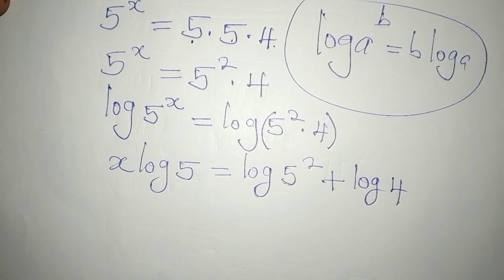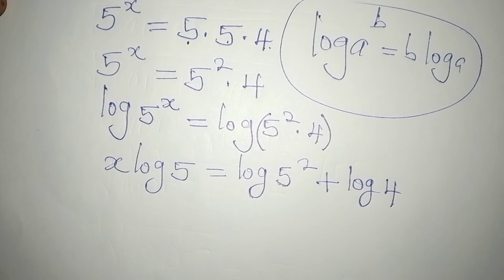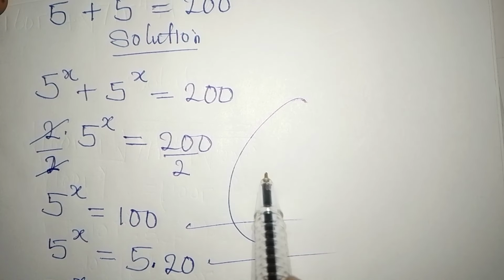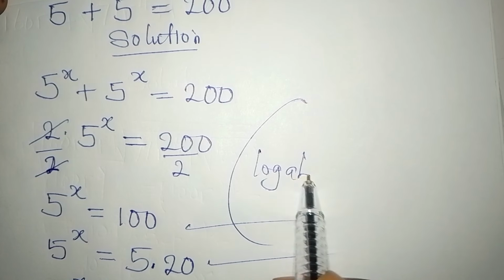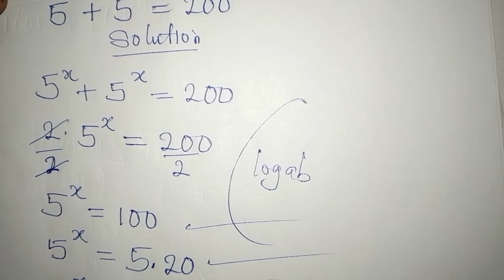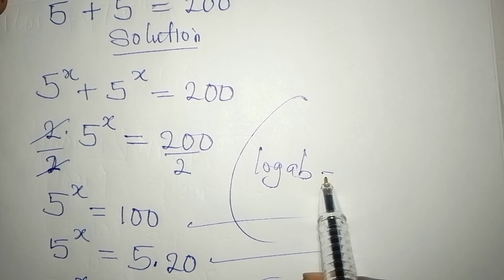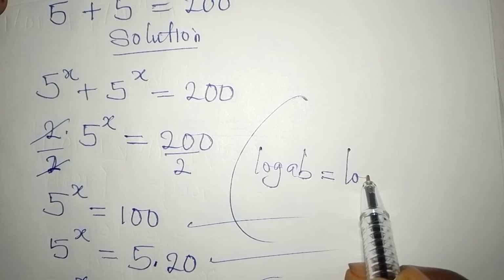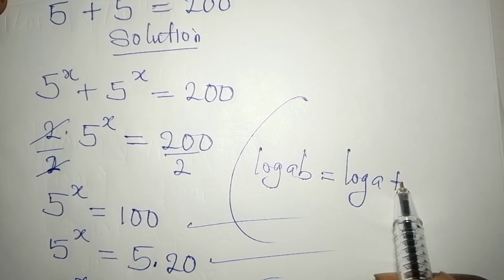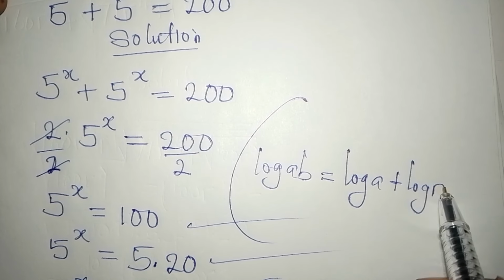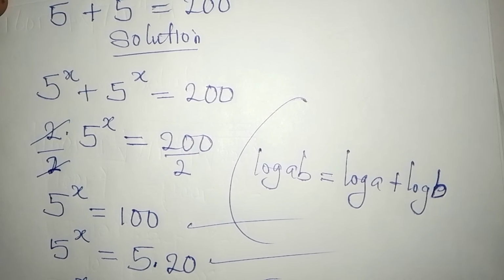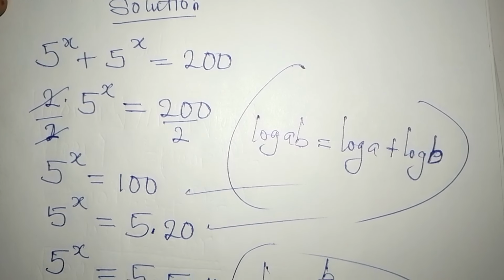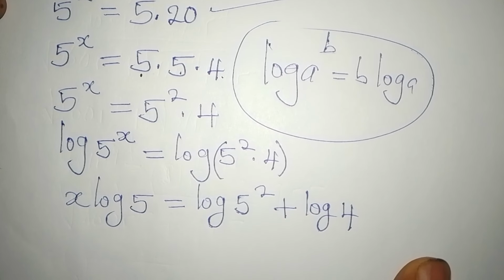Okay, so what I've done is going to confuse some persons, so I have to do justice to that. If you have, again, log ab, this is the same as log a times b, right? So if you apply this, what I just did, this right here is equal to log of a plus the log of b. So that is what I applied over here.